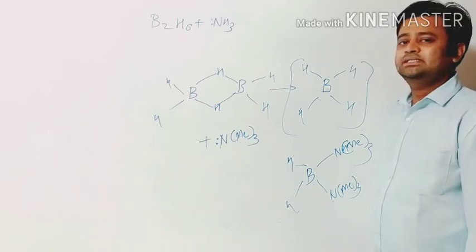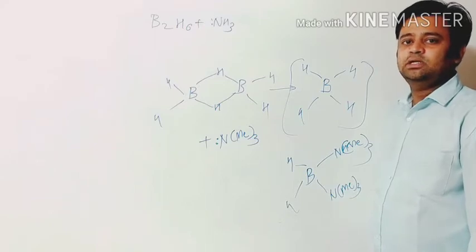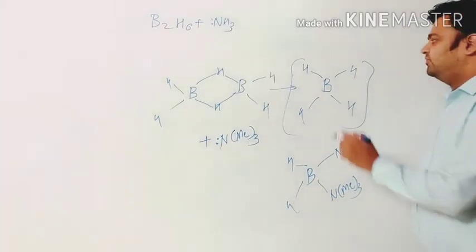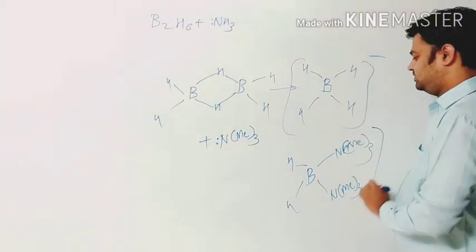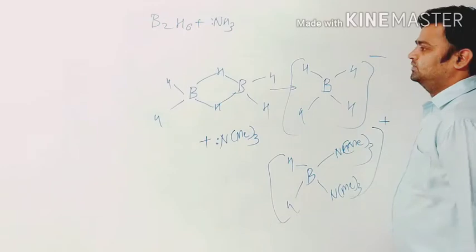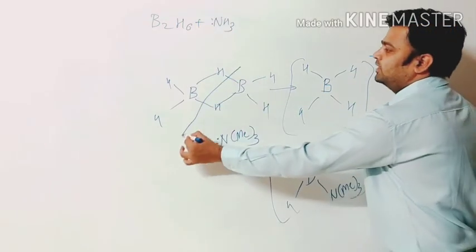Therefore, B2H6 is an electron deficient molecule. We come to know this from the above reaction. This one will be negative, this one will be positive. As you know, the bond has been broken like this.